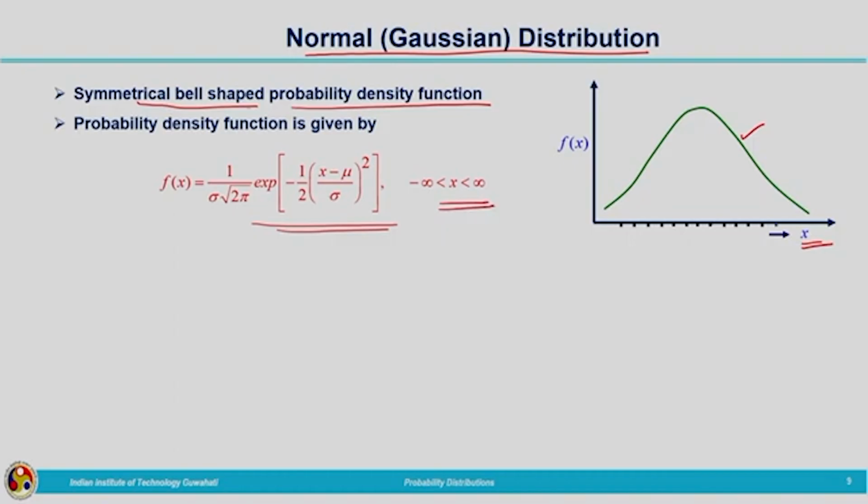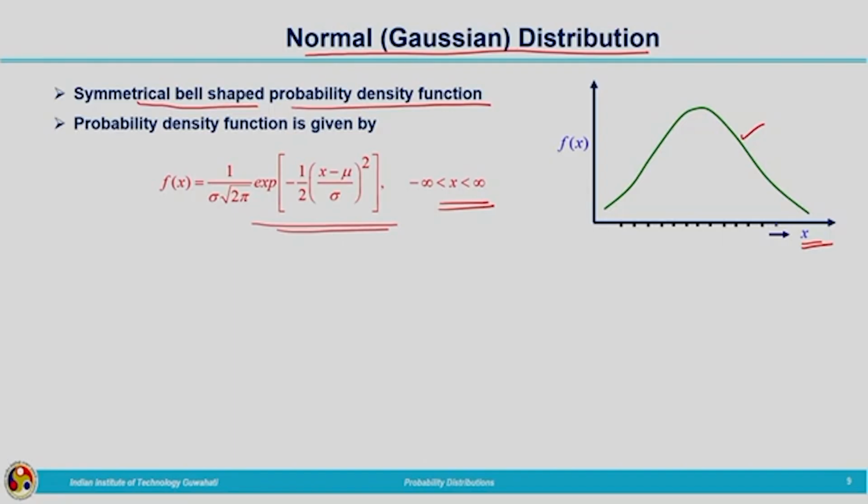But majority of the hydrological variables are positive. Rainfall, either there won't be any rainfall, 0, or after that it can take any value, any positive real number. So, the value will be between 0 and infinity when we talk about hydrology variables.